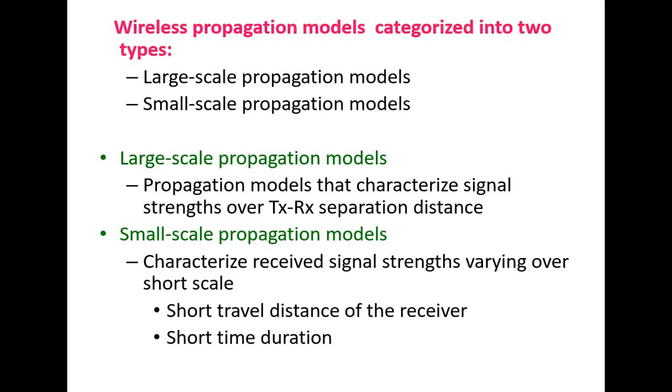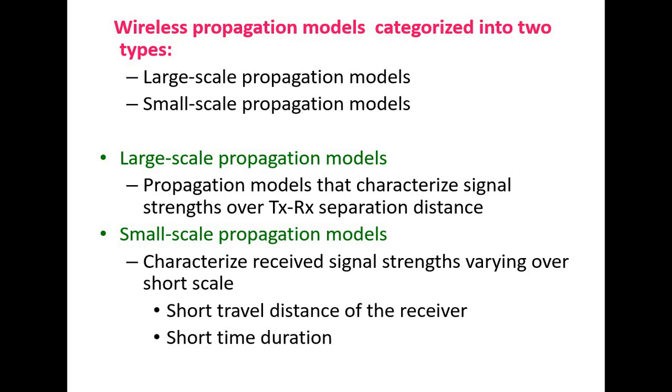Then wireless propagation models are another important part of wireless communication. One is called the large scale propagation model. The second is the small scale propagation model. In the large scale propagation model, we consider propagation of the signal from one transmitter to one receiver where the distance of separation is very long.